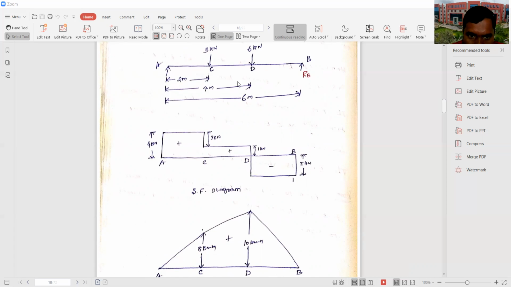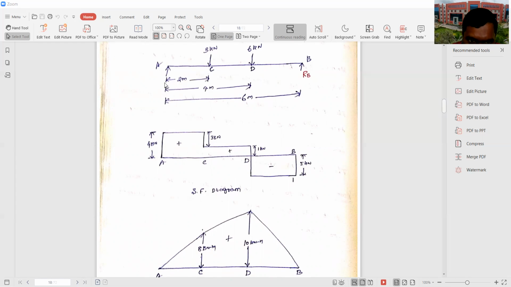Then at point D, it is RA into 4, that is 4 into 4, 16, clockwise. The 3 kilonewton load, at a distance of 2 meter from D, acts perpendicular downward and is anti-clockwise, so minus 3 into 2.